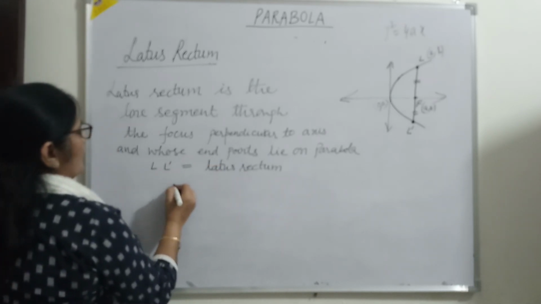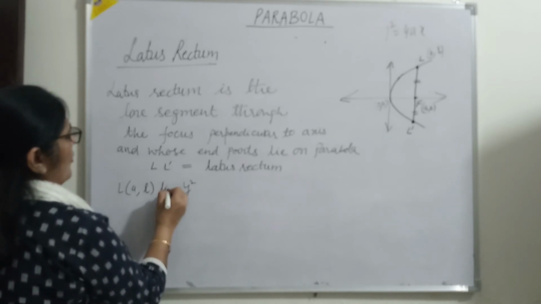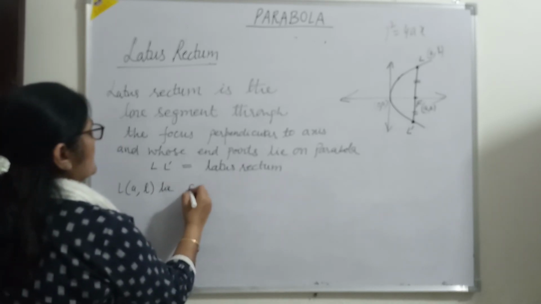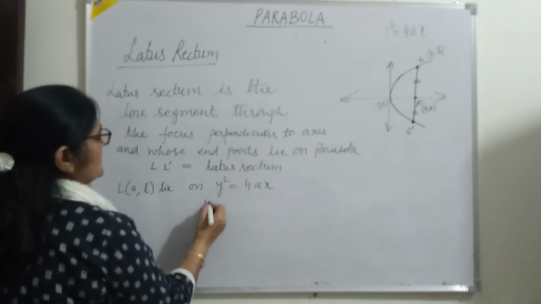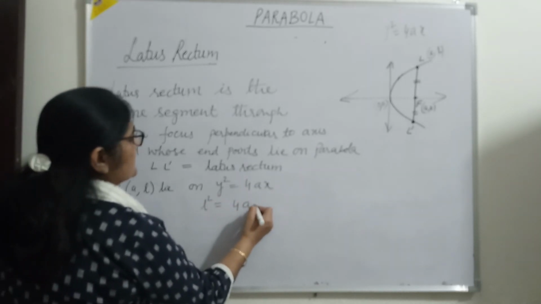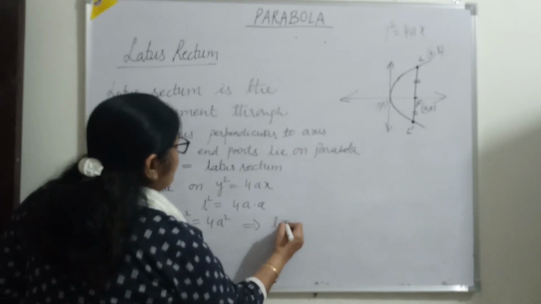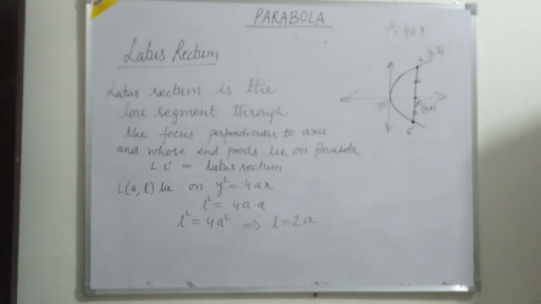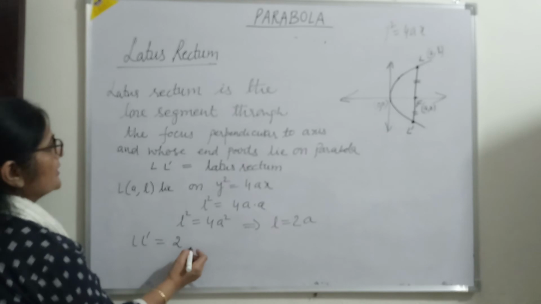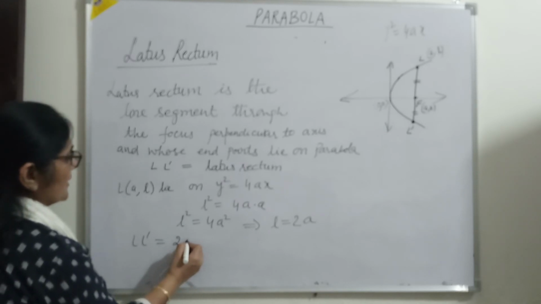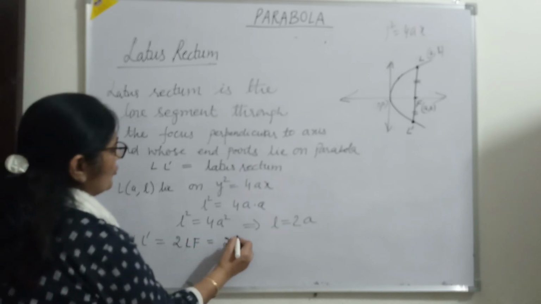Now the point L, that is (a, l), lies on the parabola, so the coordinates must satisfy the equation. The y coordinate squared is l² = 4a·a, so l² = 4a². This gives l = 2a, because it is a length. Now the length of the latus rectum LL′ is symmetrical, so it is 2 times FL, that is 2 × 2a.